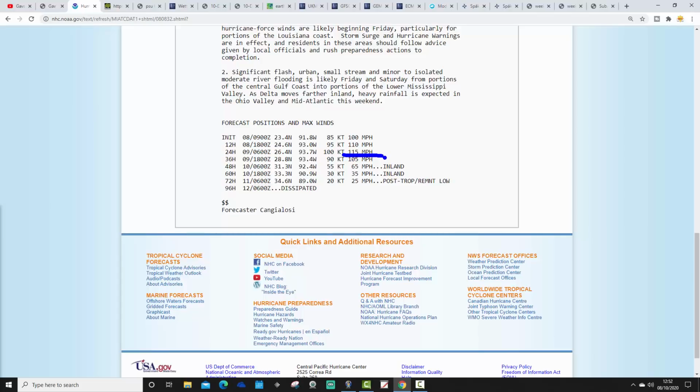That does get it to category 3 hurricane status, and then moving back down to 105, 65, 35, 25. So yeah, it's going to be a very, very significant storm. This major category 3 hurricane Delta is going to be moving towards the Gulf Coast of the United States on Friday, over today and into tomorrow.